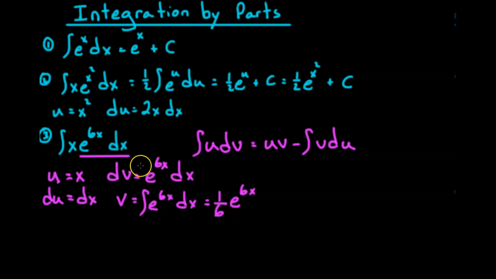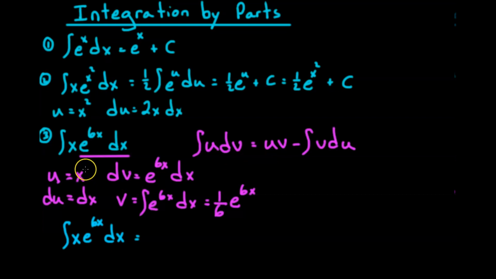Okay, so now we're going to take these, and we have this set up so that this here is our integral of u dv. So what we have is x times e to the 6x dx. That's going to equal, okay, u times v.